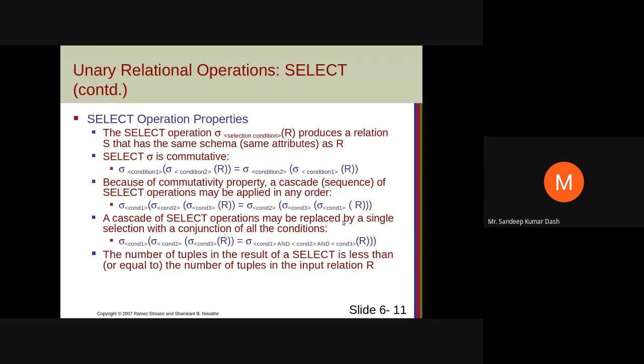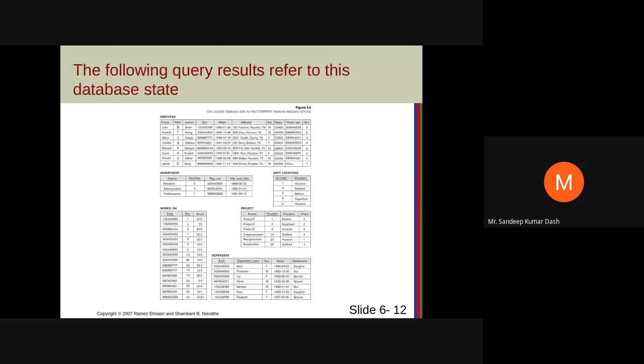Okay. Another thing we mark is that the result of the select operation has the same schema as the relation R. That means all the columns will be the same. Suppose I am writing select those rows where salary is greater than 30,000. So in that row all the columns are present. Suppose in this case I said select those rows where salary greater than 30,000 and department number equals to 5.